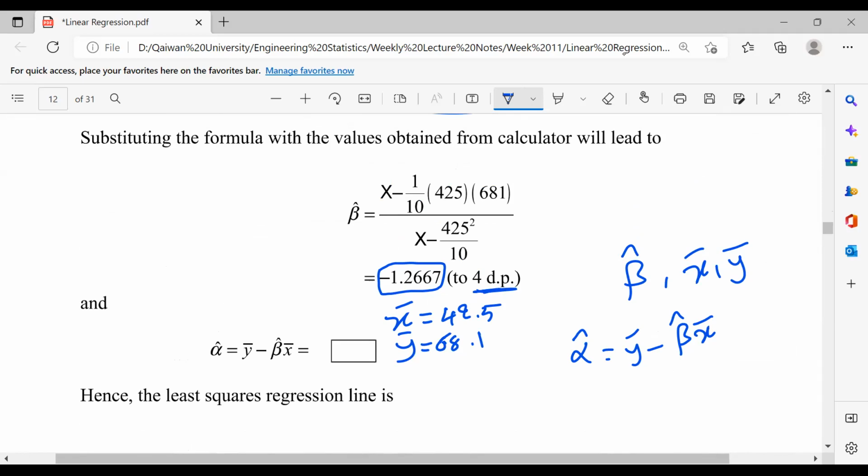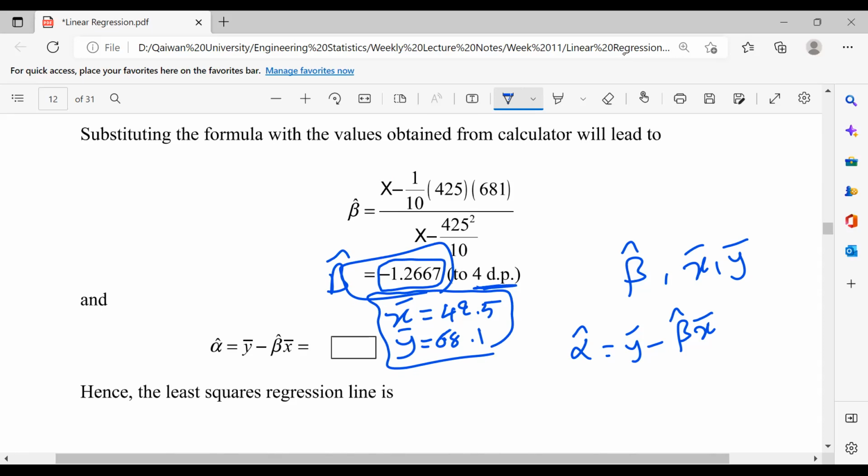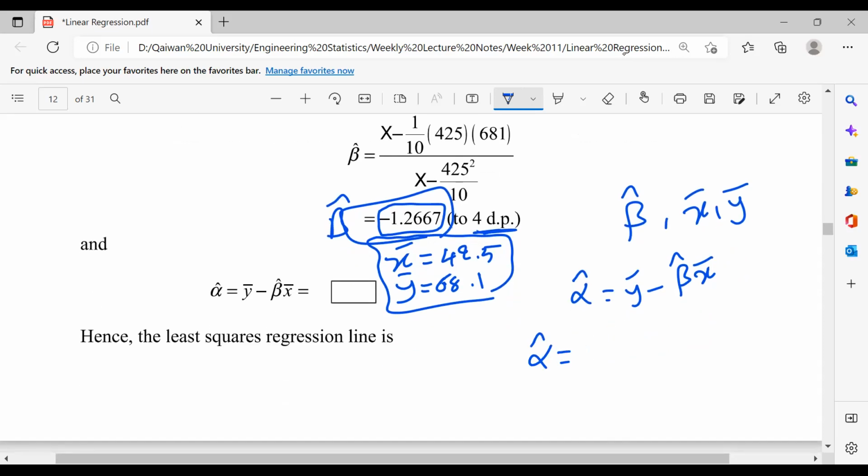By dividing the sum of all elements of y by the number of data, which is 10, we get y bar. And for x bar, it's the same. We now have x bar, y bar, and beta hat. From these three, we can get alpha. We say alpha hat is y bar, which is 68.1, minus beta hat, which is minus 1.2667, multiplying by x bar. X bar is 42.5.